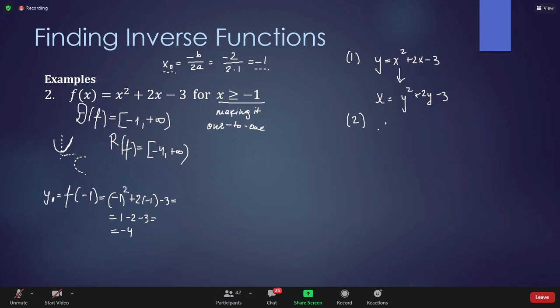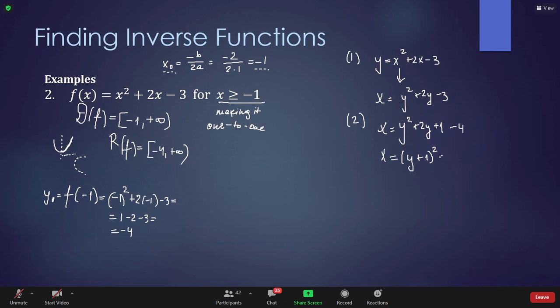So x equals y squared plus 2y, and to complete the square, the third number should be plus 1, because then we have the perfect square. And to get minus 3, which is actually there, we need to subtract 4, evidently. No hope otherwise. This has to take place. And that means that x is y plus 1 squared minus 4.